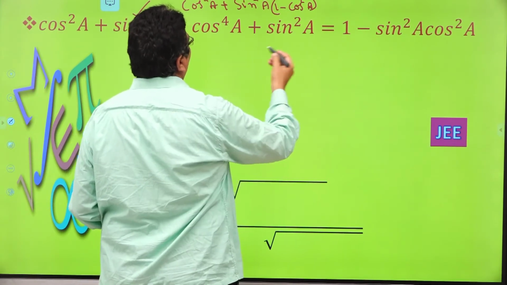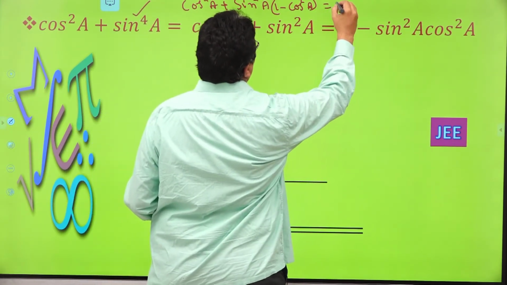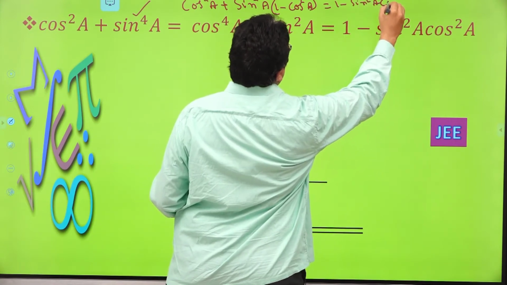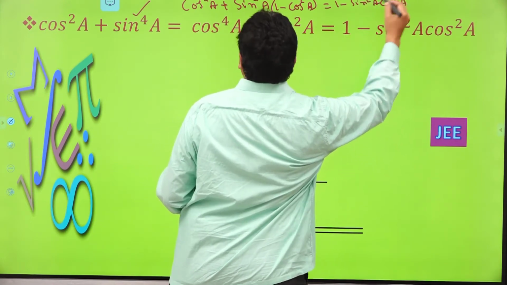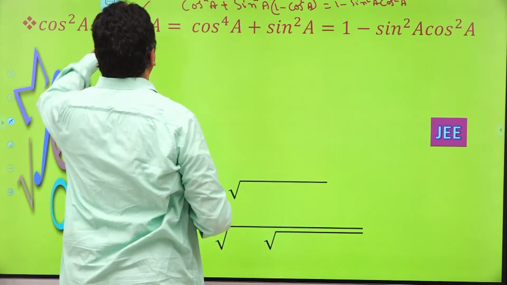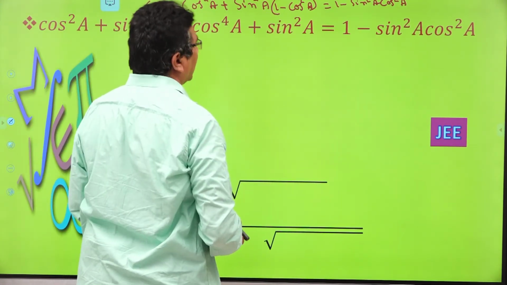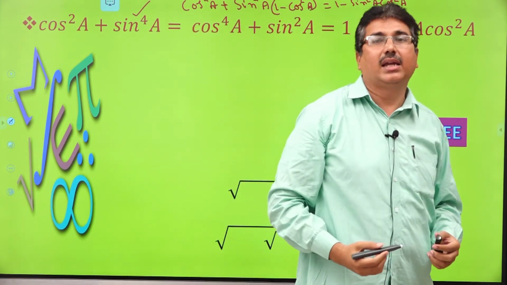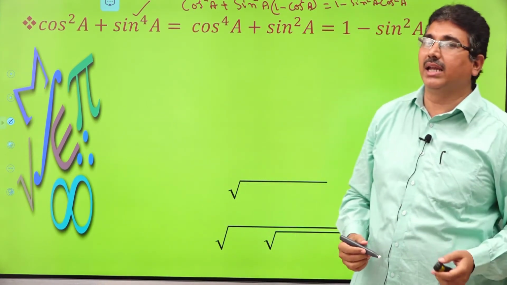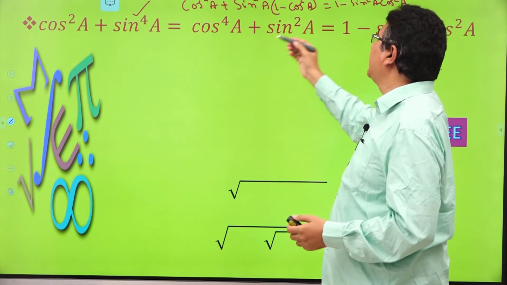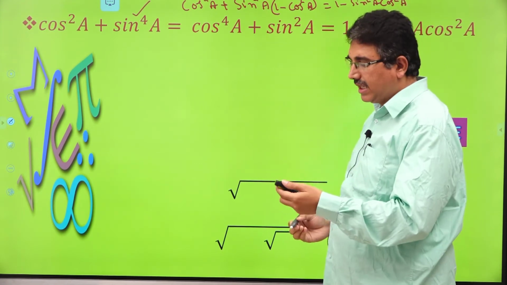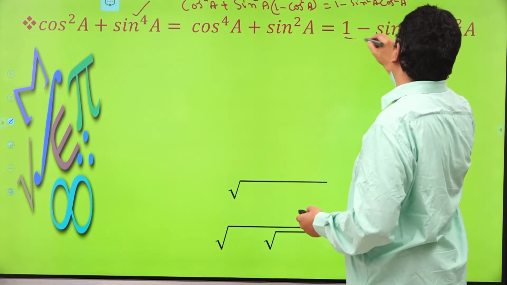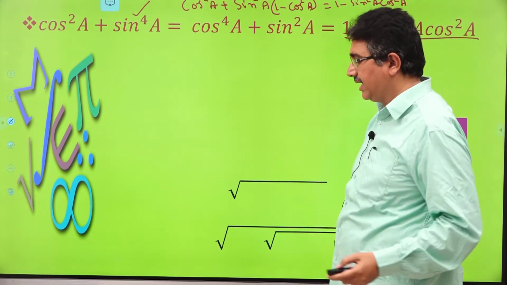That is equal to 1 minus sin square A into cos square A. Cos square A plus sin power 4A is cos power 4A plus sin square A, that is equal to 1 minus sin square A into cos square A.